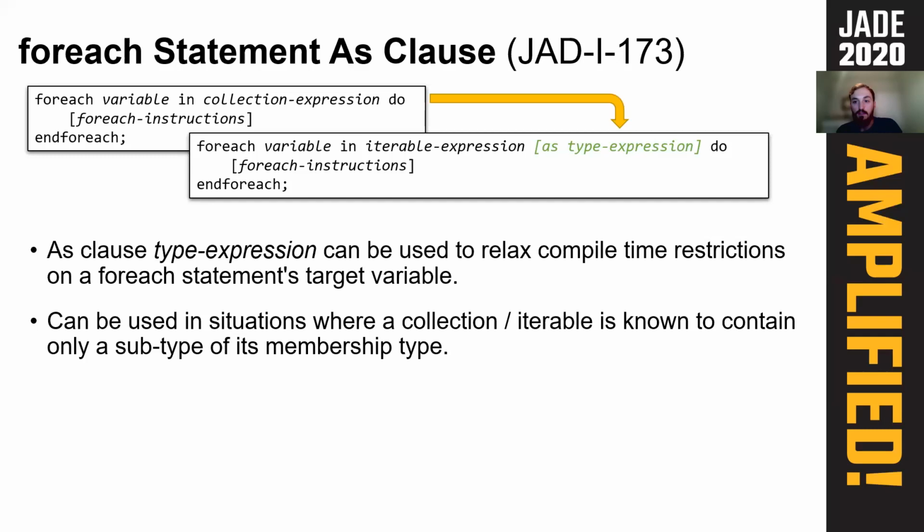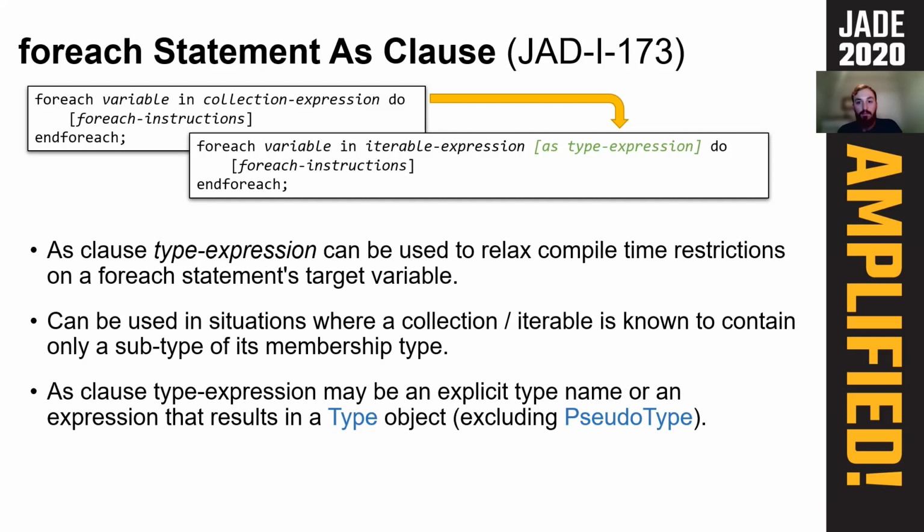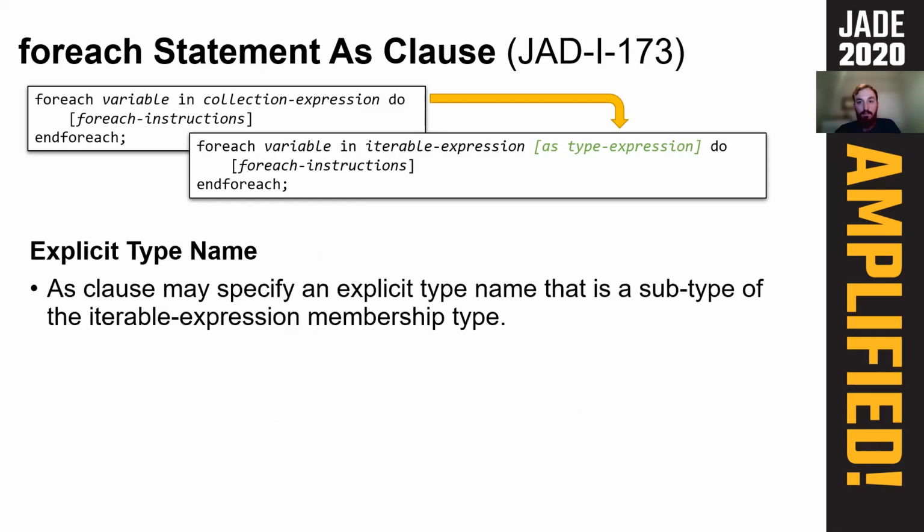It can also be used in situations where the collection is known to contain only a subtype of the membership, or it's an iterable interface reference. This has been introduced in a way that allows the expression to be either an explicit type name or an expression that results in a type, excluding pseudotype.